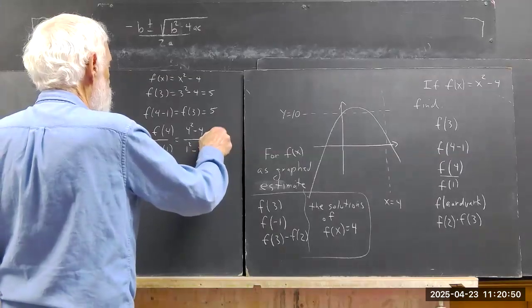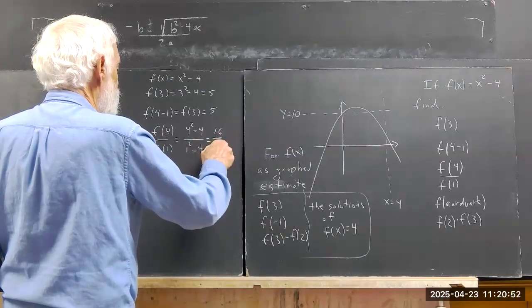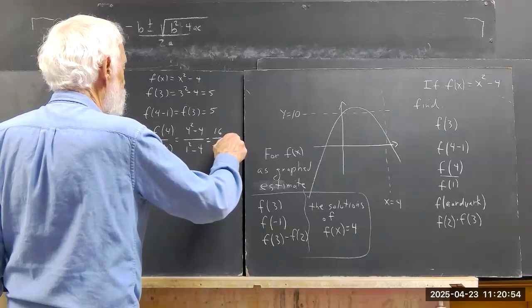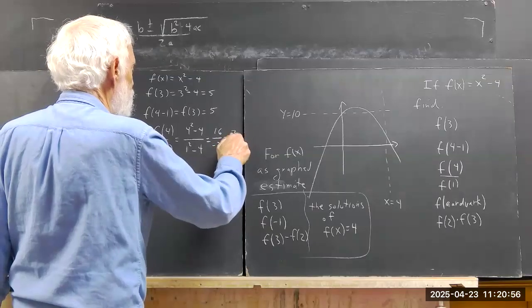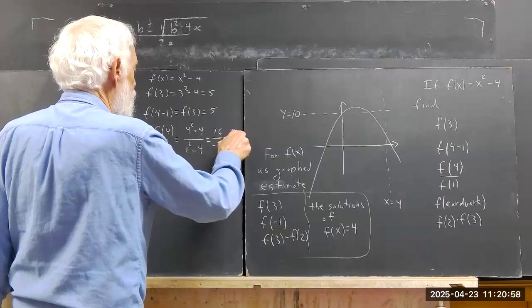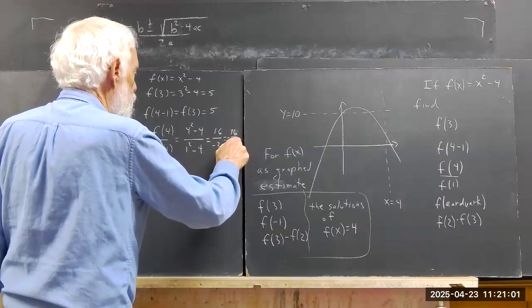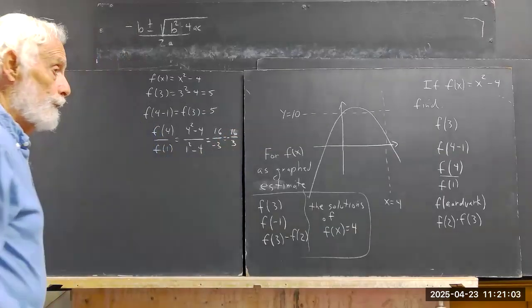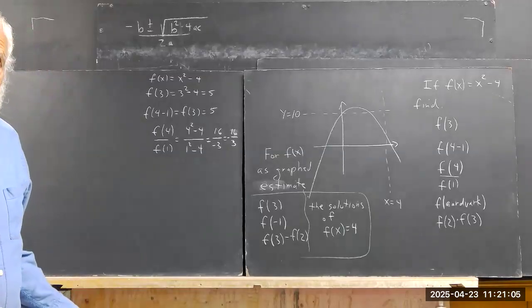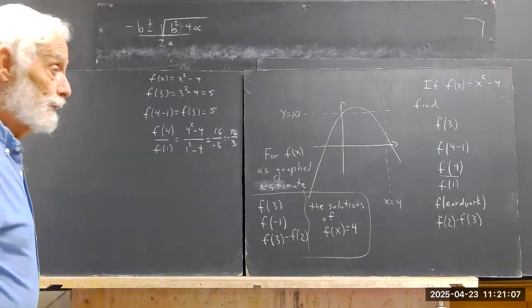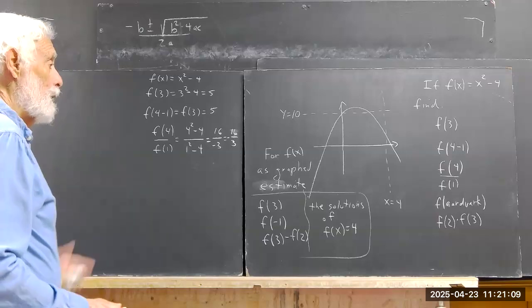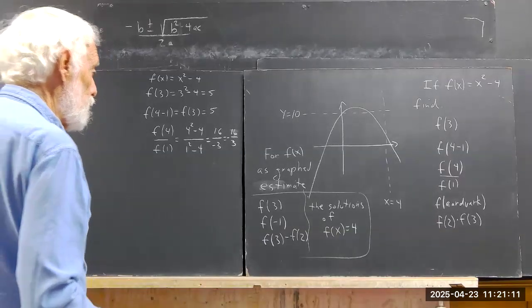This can get a little confusing. 16 over minus 3, which would use the brackets. Negative 16 over 3. Everybody with me so far? Think so. Again, what I saw, there might have been a few little mistakes.